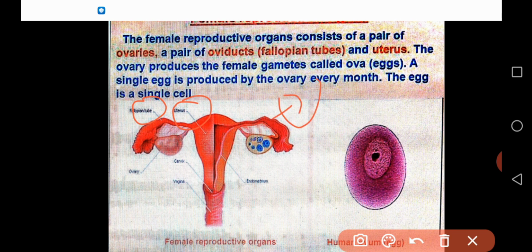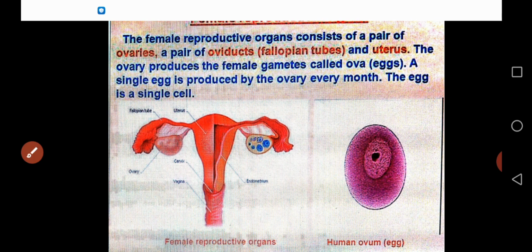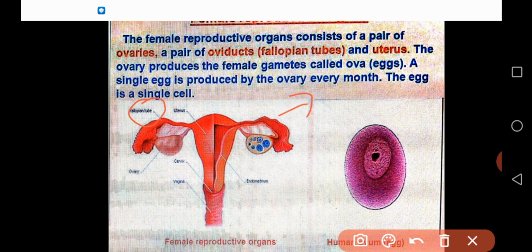Both oviducts unite together and form an elastic bag-like structure, which we call the uterus. The uterus is always waiting for a fertilized egg.